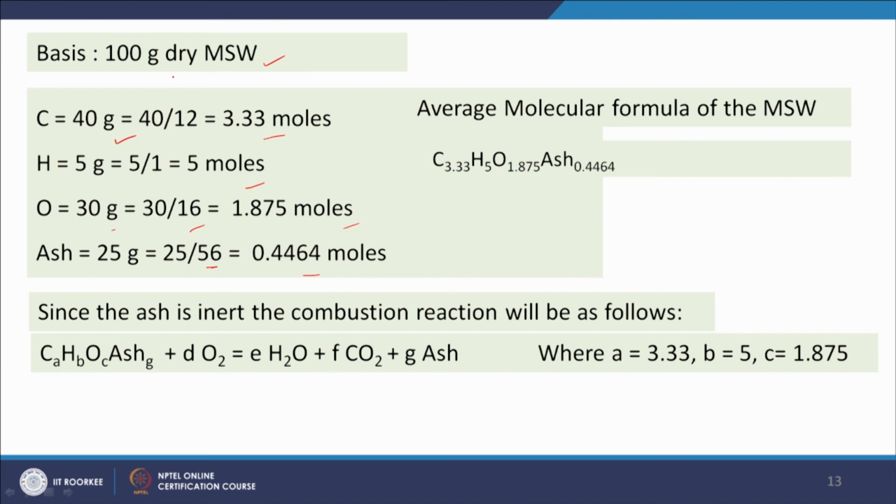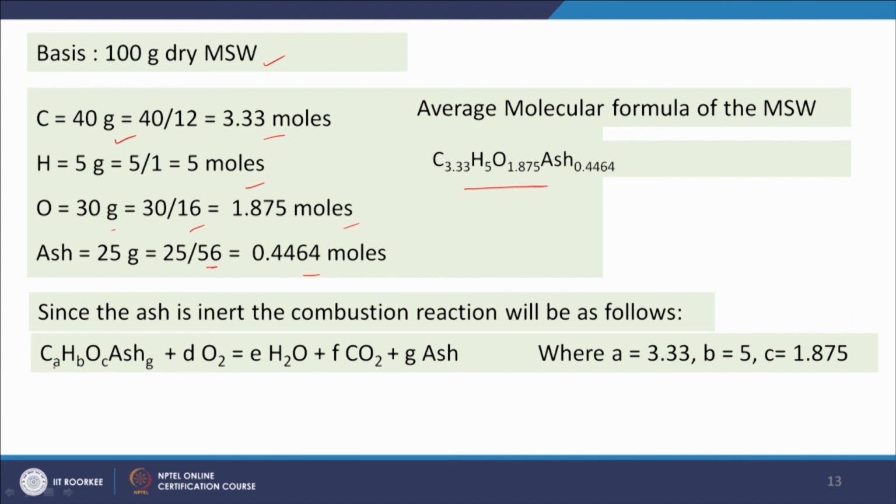So, we can get the average molecular formula of the MSW as C3.33 H5 O1.875 and ash 0.4464. So, this is the molecular formula of the MSW. Now, if we take the general expression for the incineration or combustion, C_A H_B O_C ash_G plus D O2, that is giving us E mole H2O plus F mole CO2 plus G mole ash.